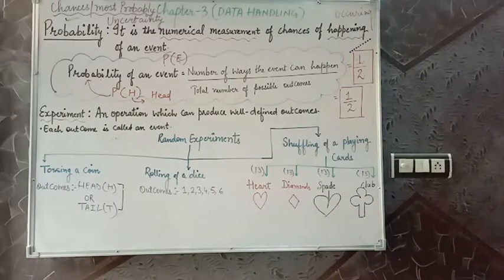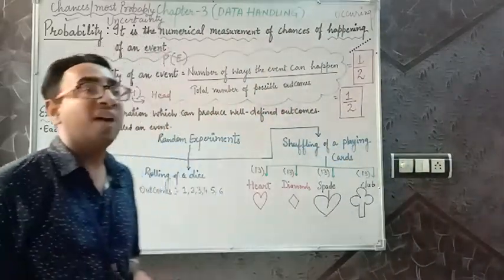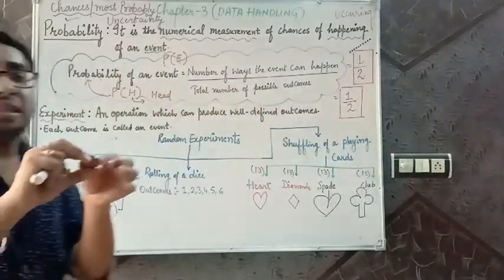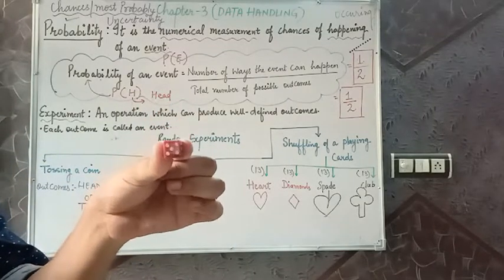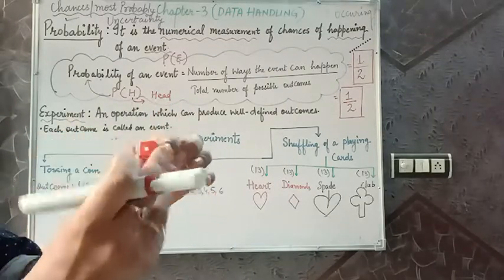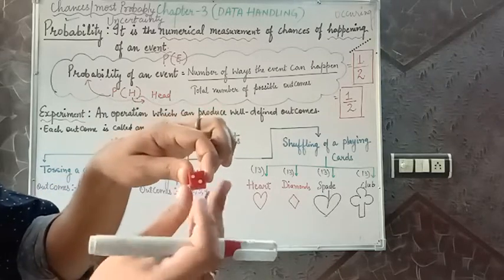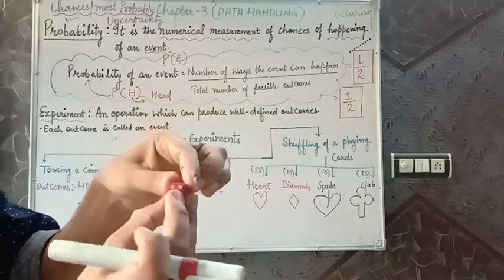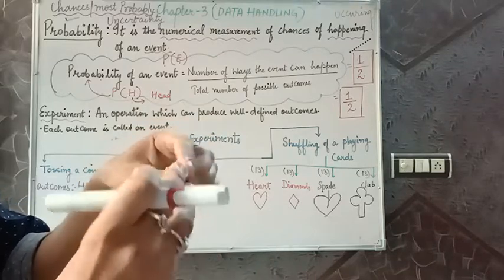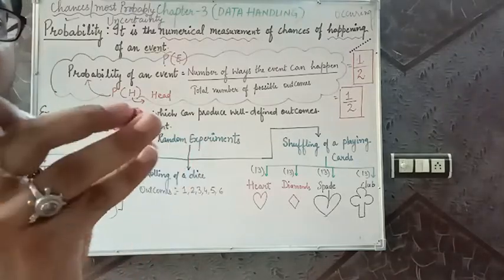Any doubt? So rolling of a dice, outcomes are 1, 2, 3, 4, 5, 6. I am taking a very small dice in front of you. Dice is having 6 faces. Let's see. 1, 2, 3, 4, 5, and where is 6?